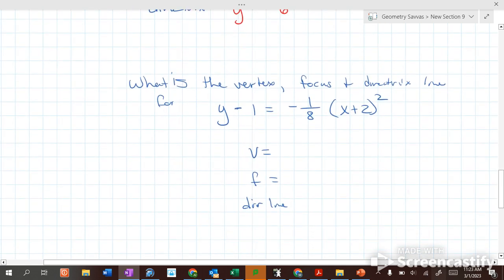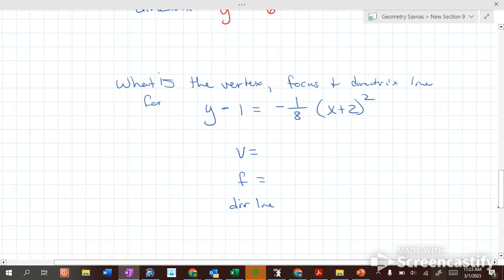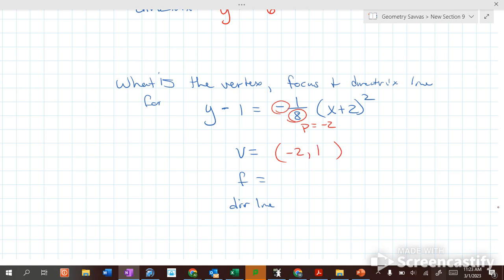Okay, so that's the basics of what we do there. Let's do that again. If we have a negative here and this is 8, what is p going to equal? Negative 2. Where's our vertex? Negative 2, positive 1. What's 2 below negative 2, positive 1?